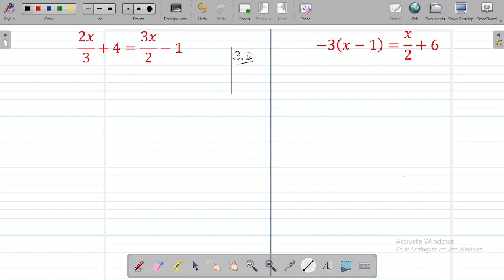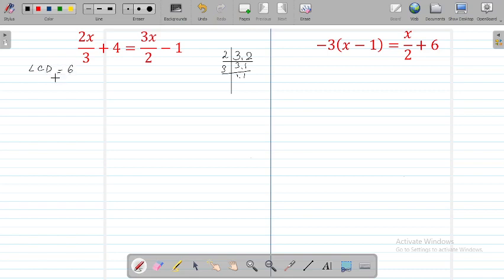We can say that 2 ones are 2, and 3 ones are 3, and 3 twos are 6. So the least common denominator is equal to 6.